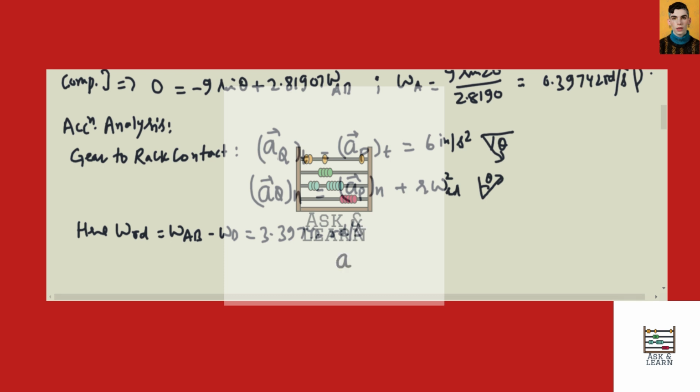So acceleration of Q normal, you may write 27, this value is 27, in this direction.